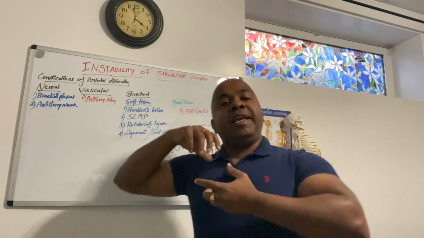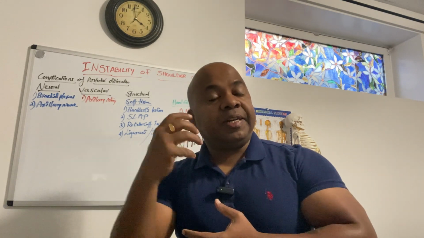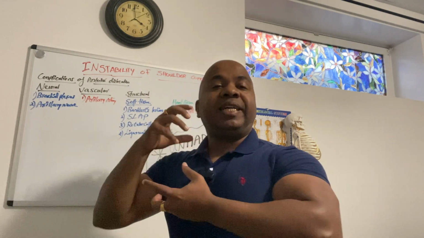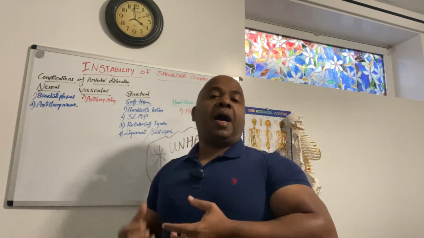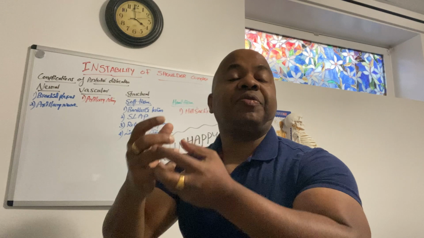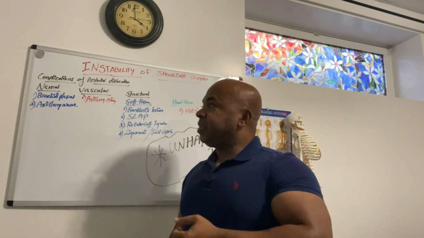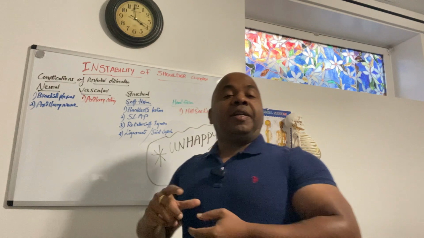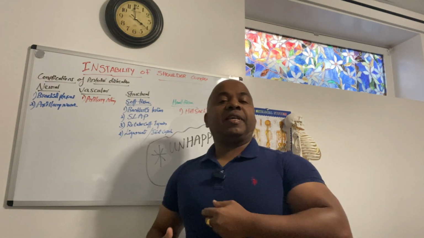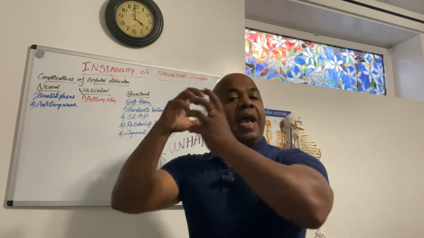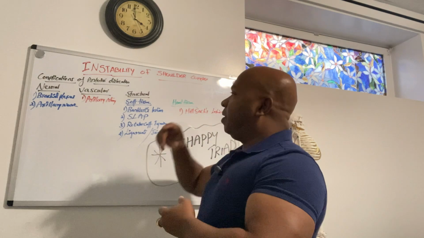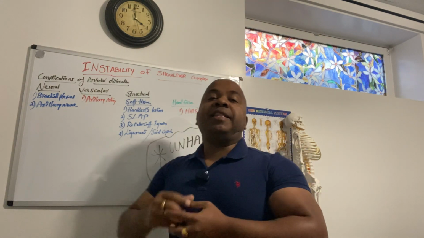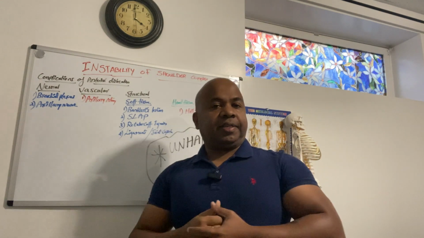Then again, instability can be divided into three different categories according to the direction of the instability. So according to the direction of instability, the shoulder dislocations can be divided into the anterior dislocations, the posterior dislocation, and the inferior dislocations.